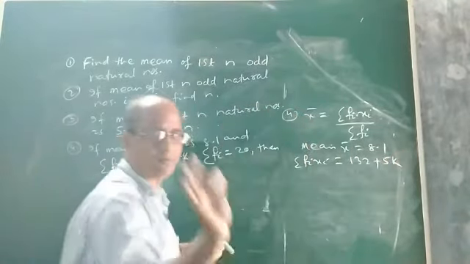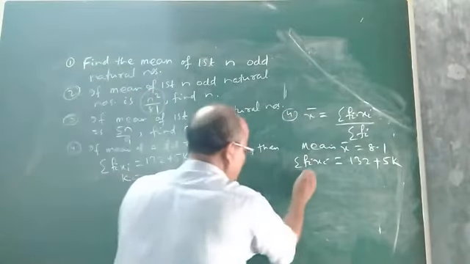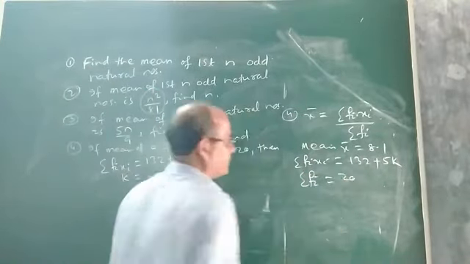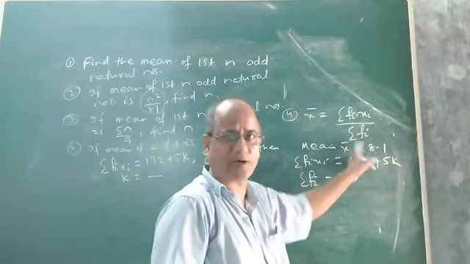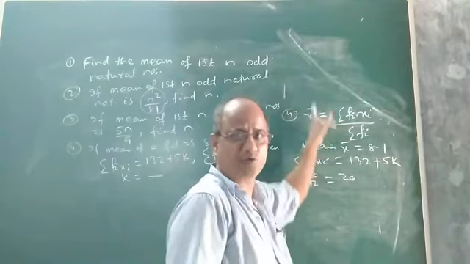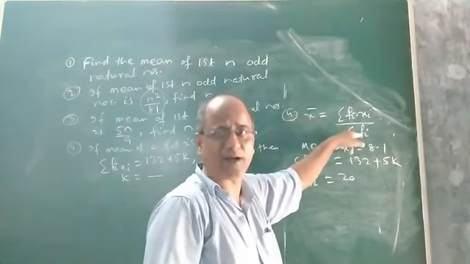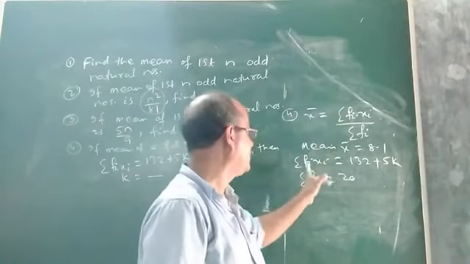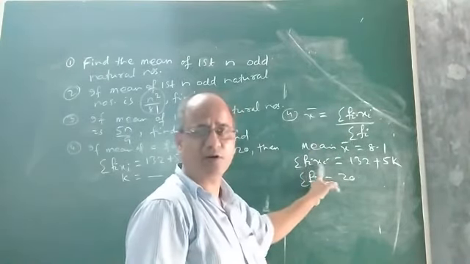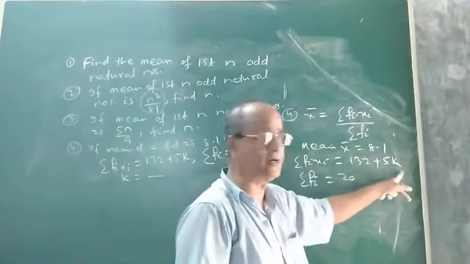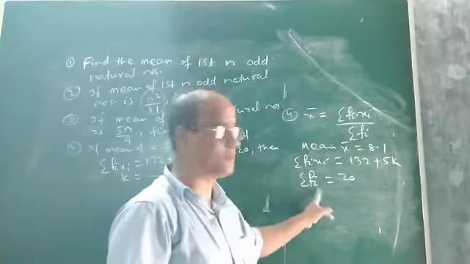K we do not know, we have to find the value of k. Then sum of frequencies is given as 20. This is the formula for x bar using the direct method or the long method. Suppose the sum of the product of fi and xi is given 132 plus 5k and you are given sum of frequency 20.